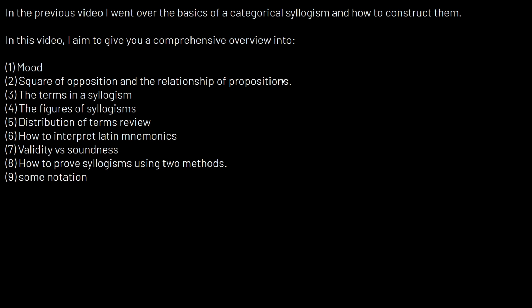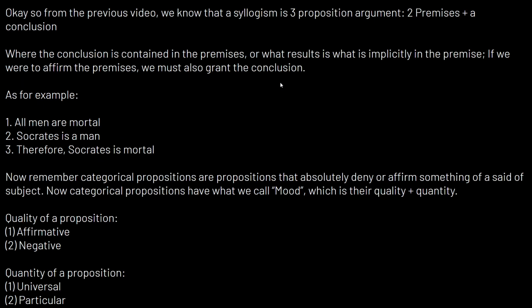The distribution of terms, which is just a review of when terms are taken in their full extension. And 6. How to interpret Latin mnemonics, and that will be fun. 7. What is the difference between validity and soundness? And 8. How to prove syllogisms using 2 methods. And 9. We'll just learn some basic notation from Stanford's Encyclopedia of Philosophy.